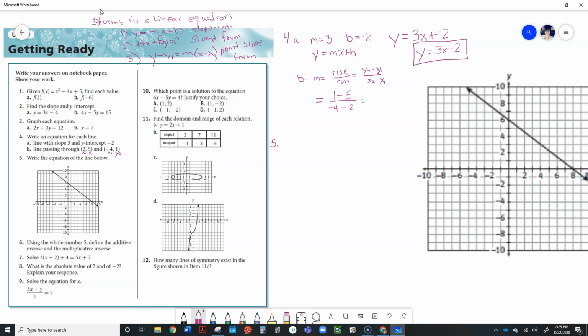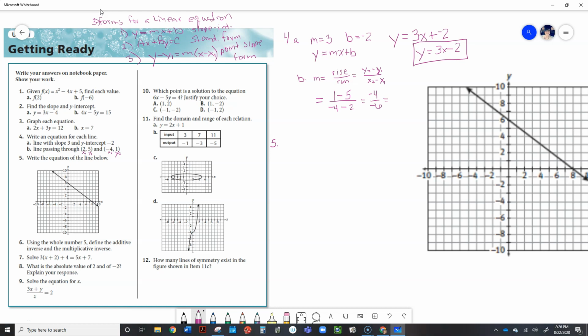Now we follow the rules of combining integers. So a positive 1 and a negative 5. Those signs are different. You subtract and keep the sign of the larger. So that's going to be negative 4. These signs are the same, so you add and keep the sign. So that's negative 6. Now this is division. A negative divided by a negative is going to be a positive.